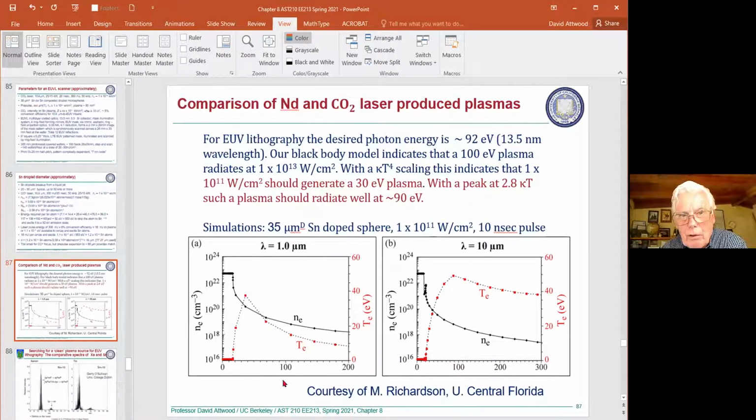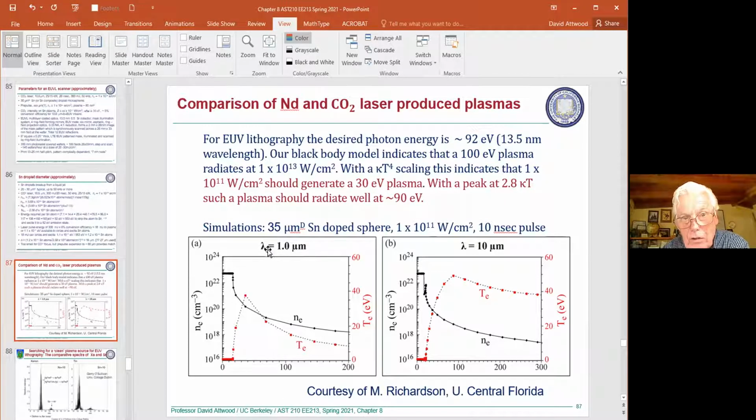This shows the electron density, here's the original surface, something times 10 to the 22 electrons per cubic centimeter at the surface, and then the laser light is coming in and ablating material off, and as the distance away from there increases, the electron density is dropping, but the electron temperature is increasing.